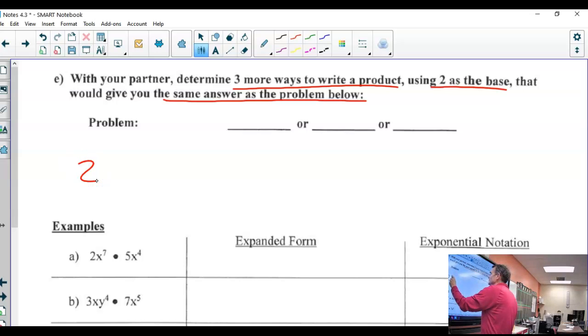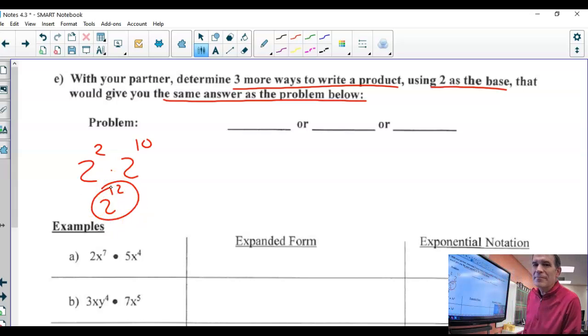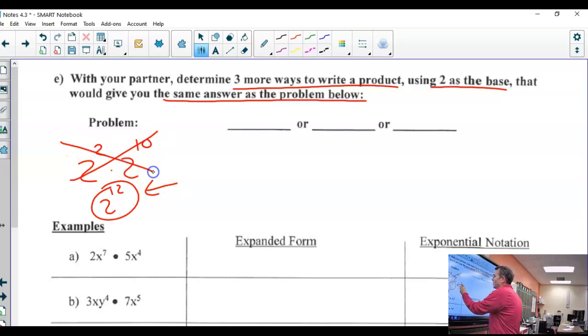2 to the second times 2 to the 10th. That would be 2 to the 12th, by the way. Can you give me 3 different ways to write a product whose answer would be 2 to the 12th? We want this to be the answer, but we don't want to use this problem.